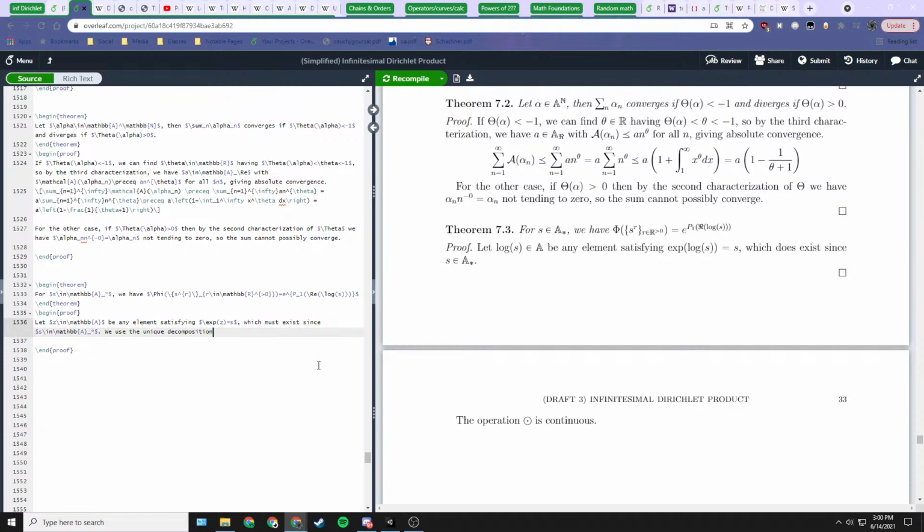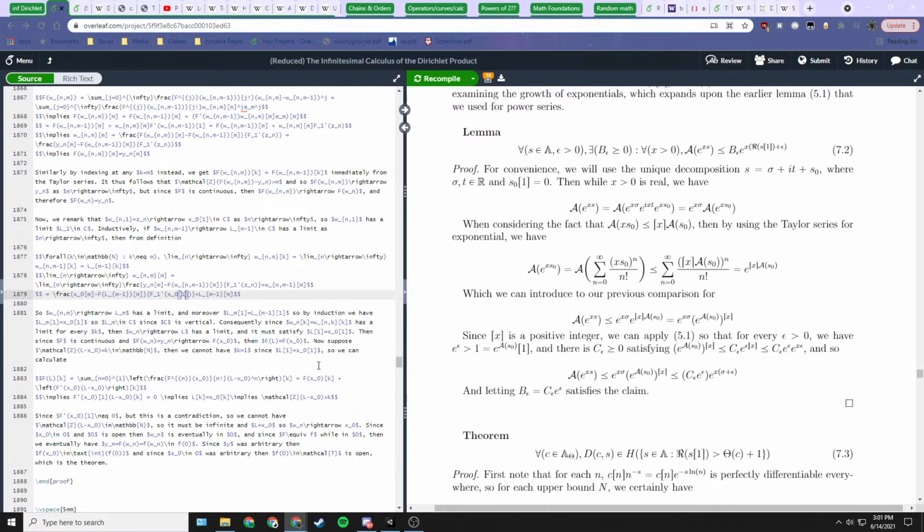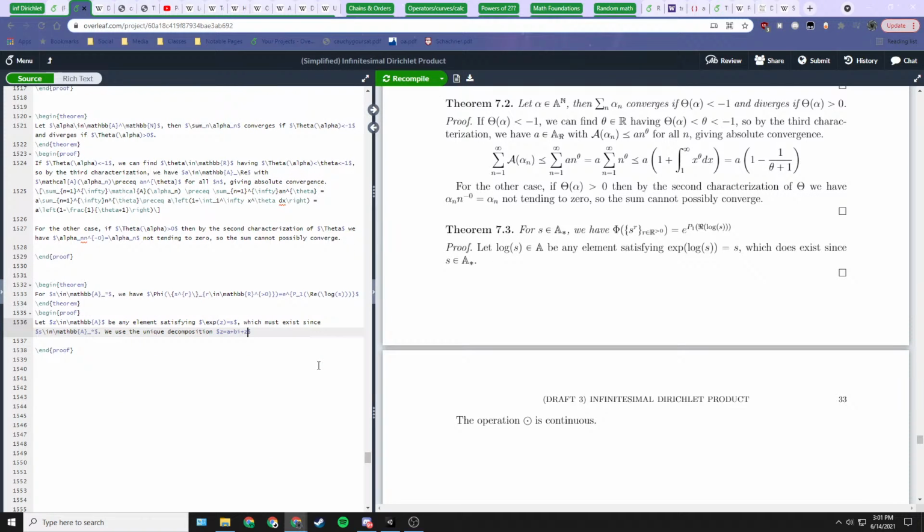Let Z satisfy Z equals S. We'll use this unique decomposition: Z equals A plus BI plus whatever the remainder is, Z0, where A is the real part of P1 of Z, and B is the imaginary part of P1 of Z, and Z0 is Z minus P1 of Z. So Z equals A plus BI plus Z0.